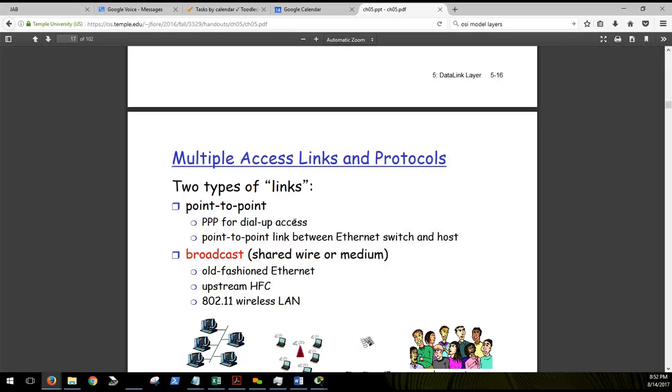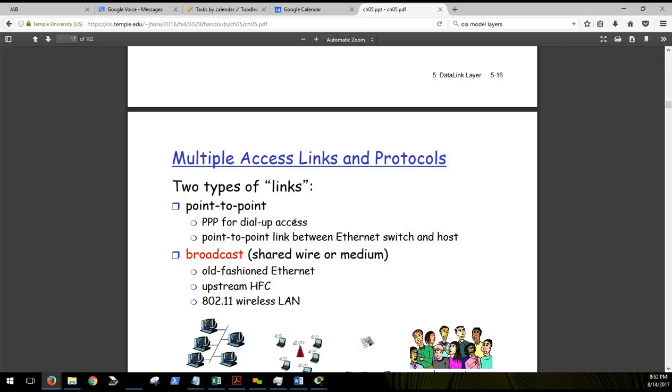We have routers, hubs, switches, and also dial-up modems. We said that an Ethernet switch has essentially point-to-point connections.